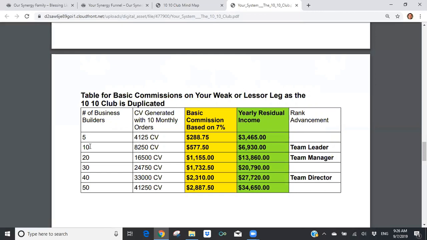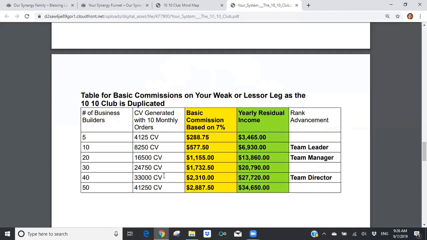And if those people are then replicating the 10-10 Club, which means that they're building their customer base and attracting to them business builders, now those 10 business builders become 20 business builders who are doing what? Building their customer base so they can create the cash flow for their Synergy business.